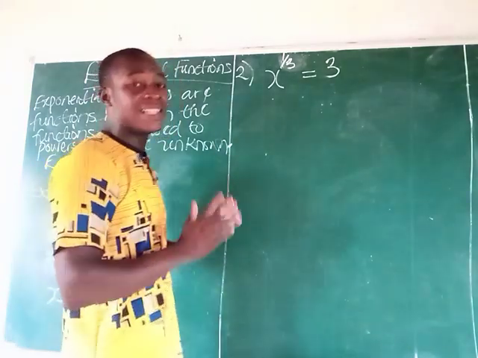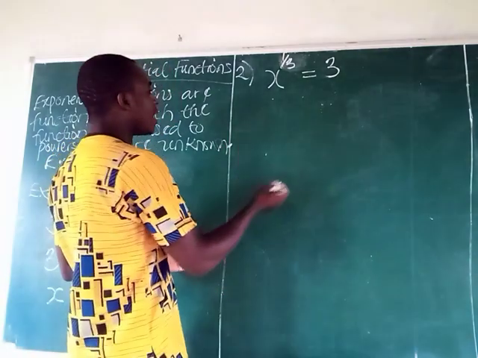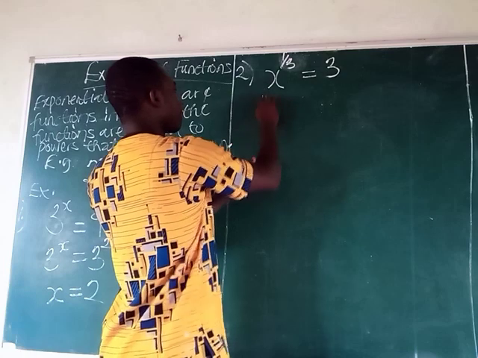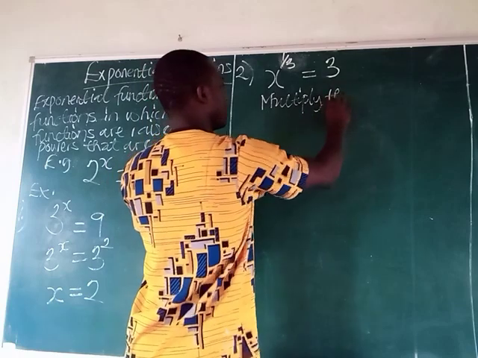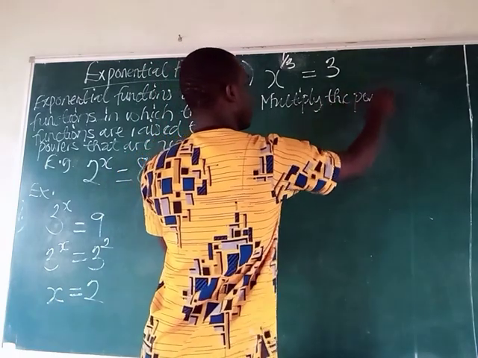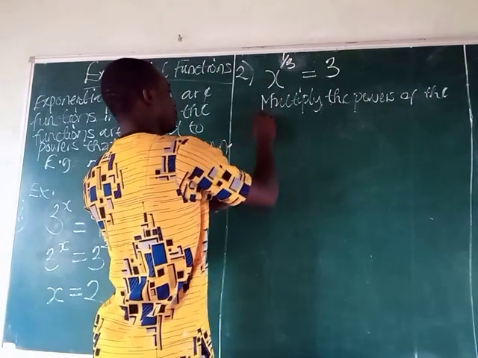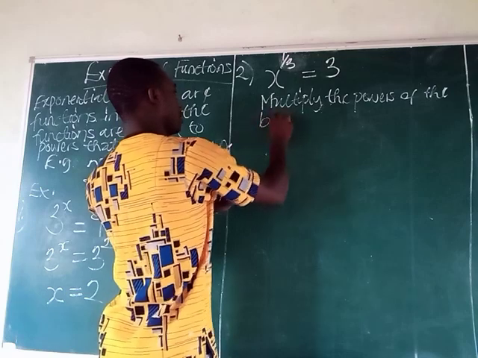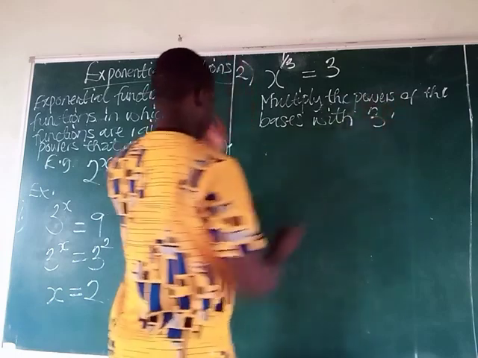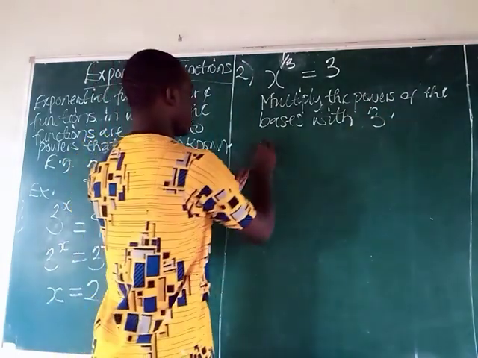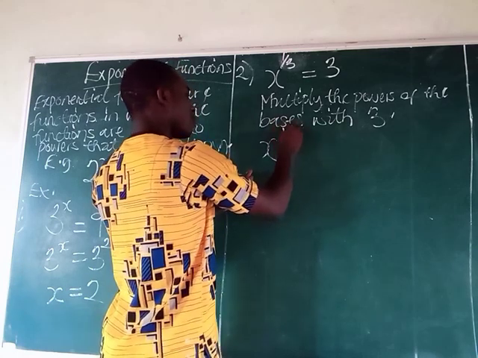That means you have the same effect on both sides. So you multiply the powers of the bases with 3.